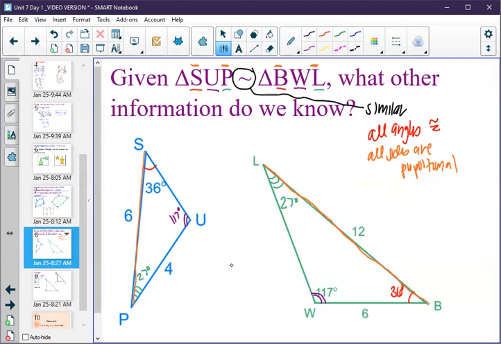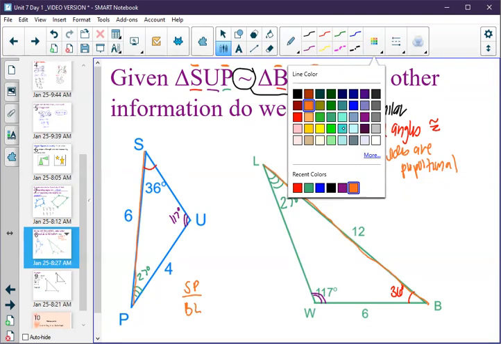So I can set up a ratio. Actually, I should write the letters first. I know SP corresponds with BL.